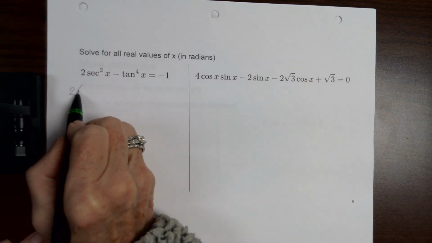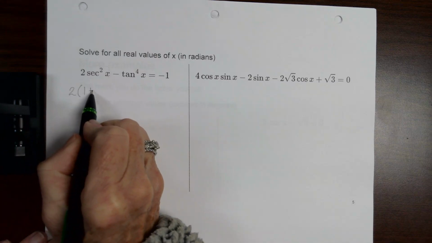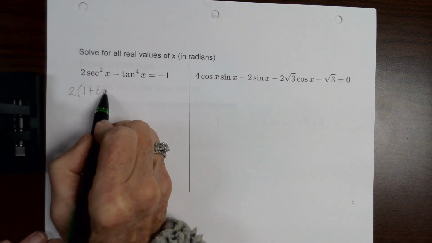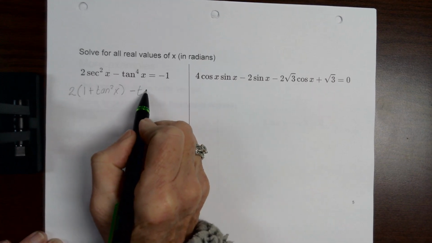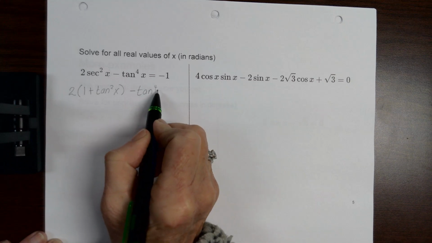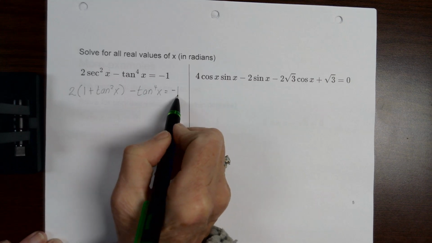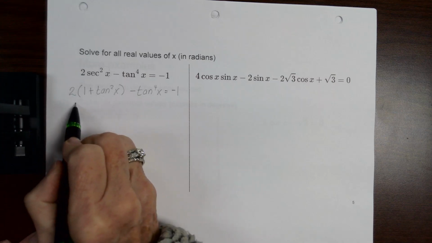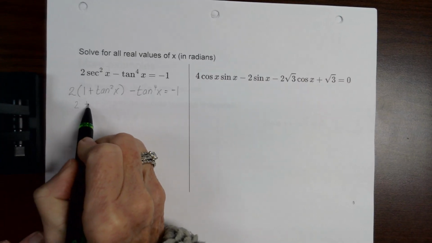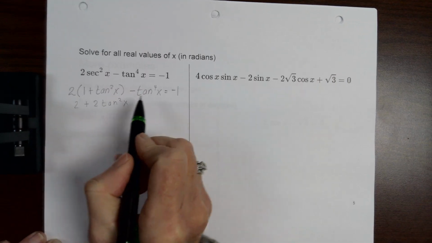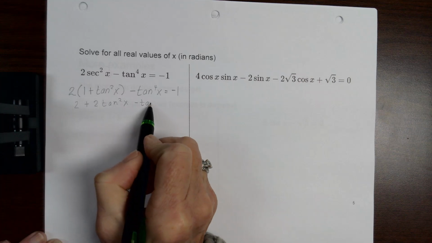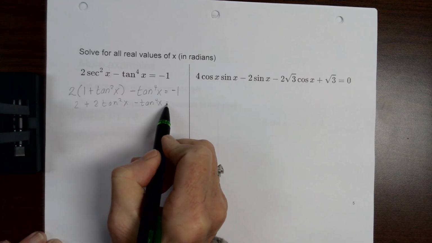I know the secant squared is equal to 1 plus the tangent squared x, minus the tangent fourth of x equals -1. I'm going to do distributive property, so I have 2 plus 2 times the tangent squared x minus the tangent to the fourth of x equals -1.